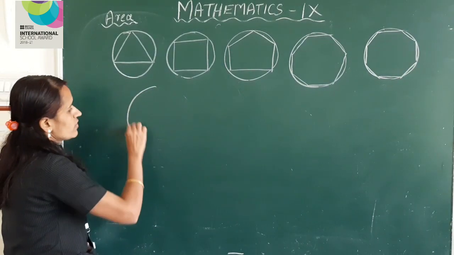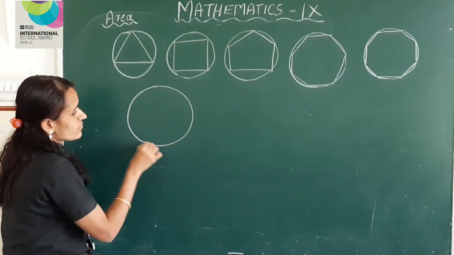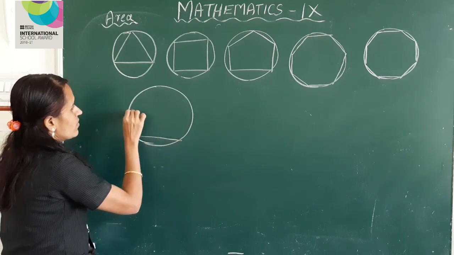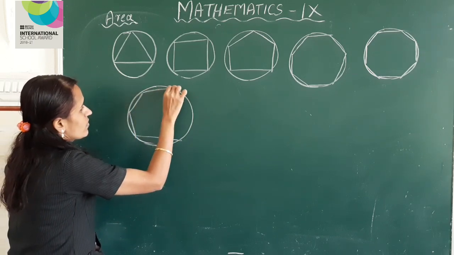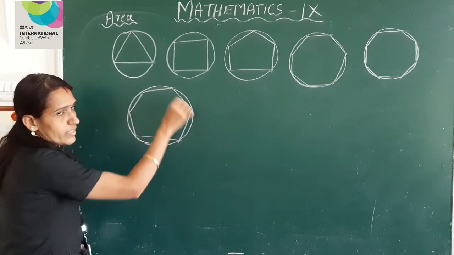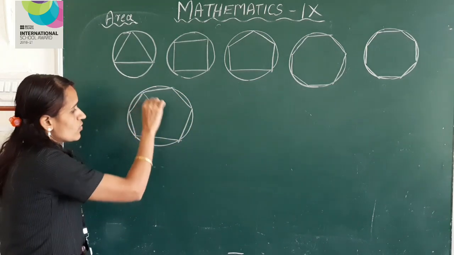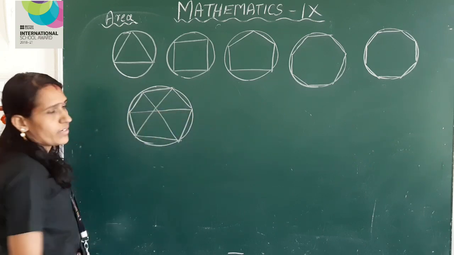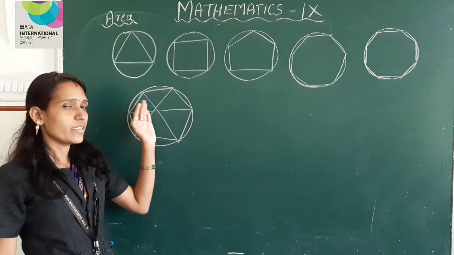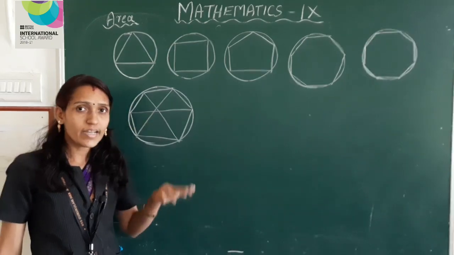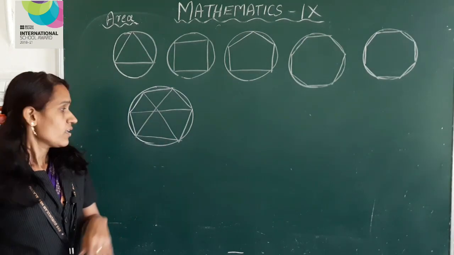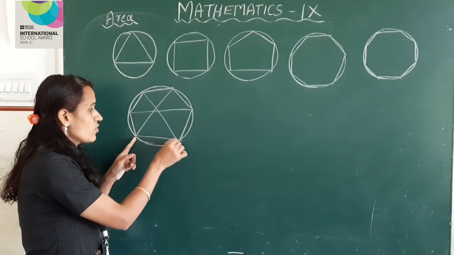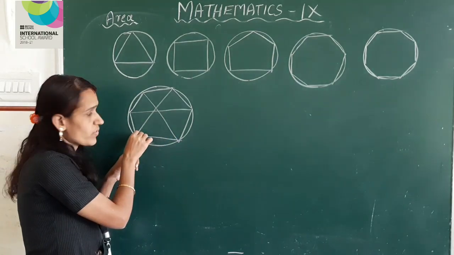See this figure. It is a regular hexagon. Draw diagonals. Divide this hexagon into equal triangles. Next, we have to find the area of this triangle.